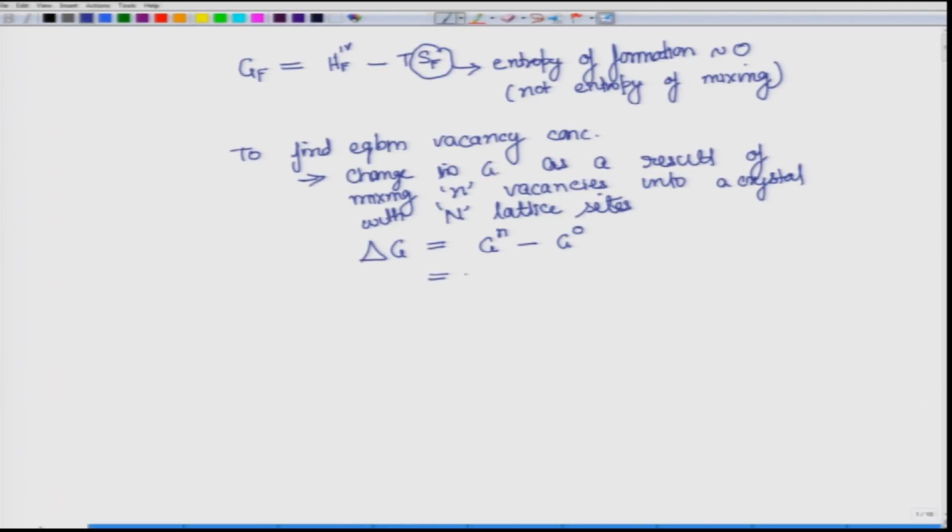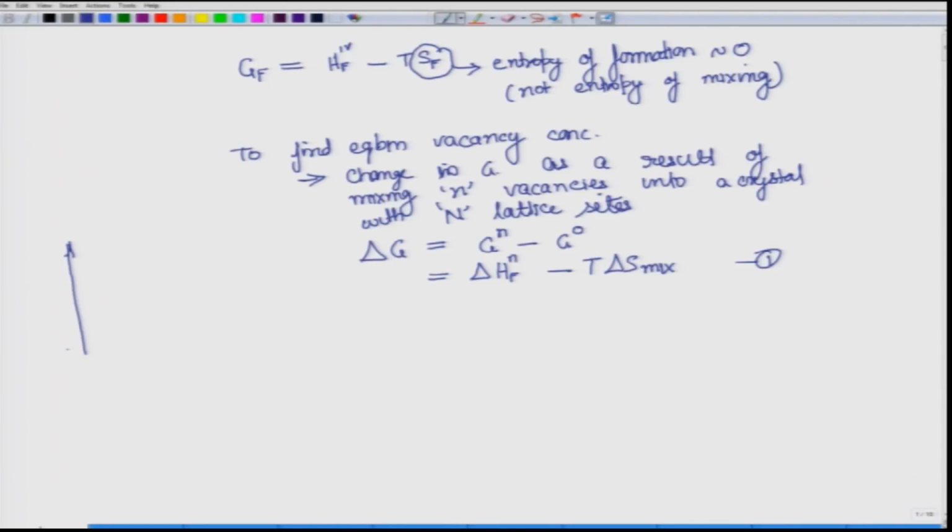And since you are mixing the vacancies in the lattice sites, this can be related as delta H formation^n, meaning the enthalpy of formation for n number of vacancies, minus T delta S mix. Let us call it equation 1 for the time being. So, this is the change in delta G.